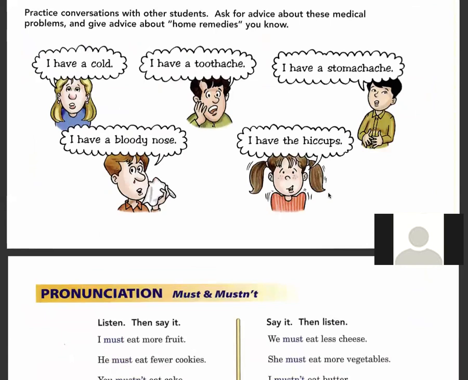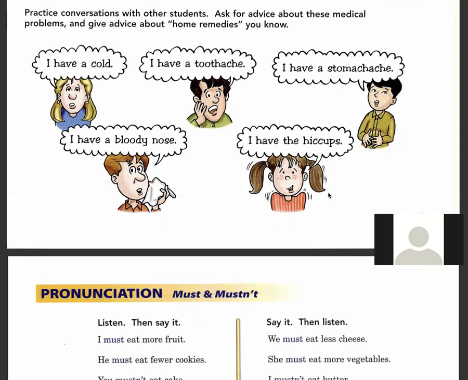Let's look at some of the examples here. Repeat after me. I have a cold. I have a toothache. Toothache. I have a stomach ache.